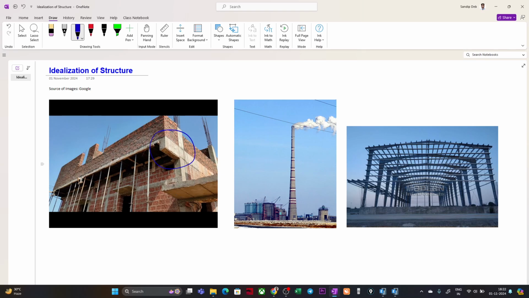When these columns and beams are subjected to this kind of loads, what measures do we need to take to resist them, to make those elements stand still irrespective of all the loads applied?